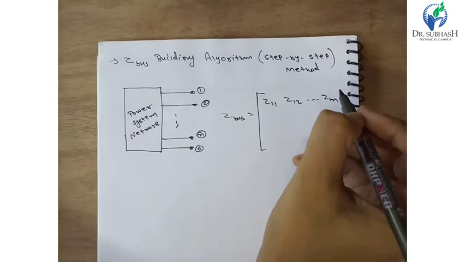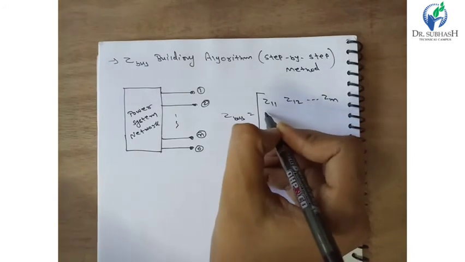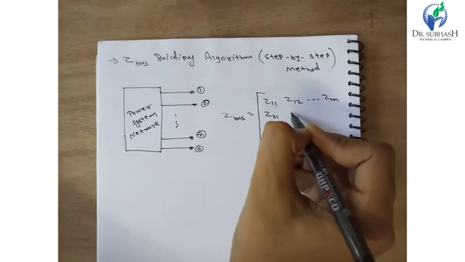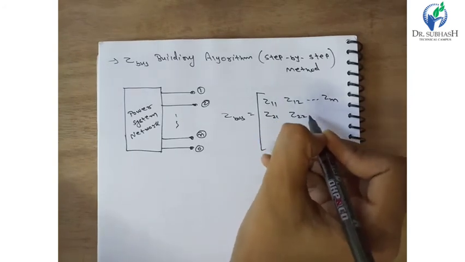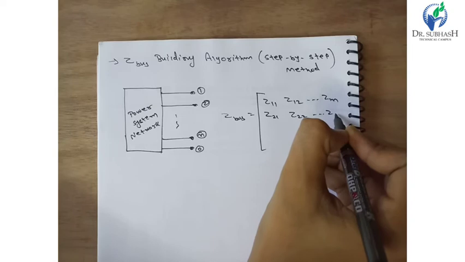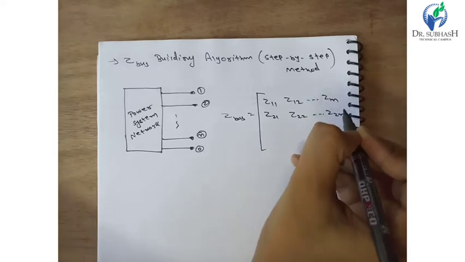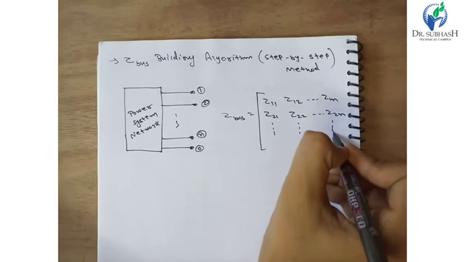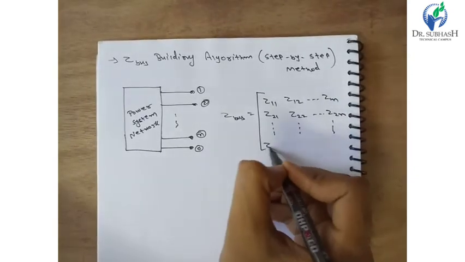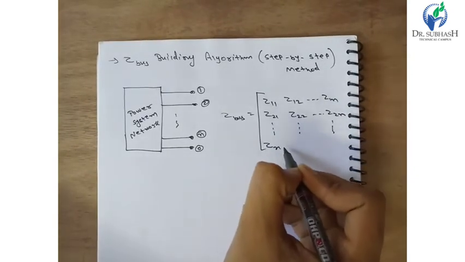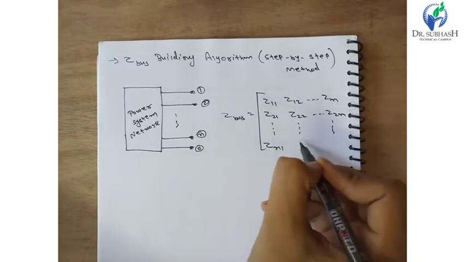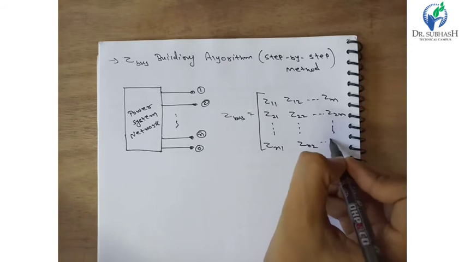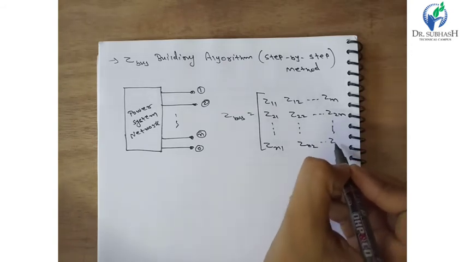In the second line, Z21, Z22 up to Z2n. In the same way, it is dotted as a representation, and Zn1, Zn2 up to Znn.